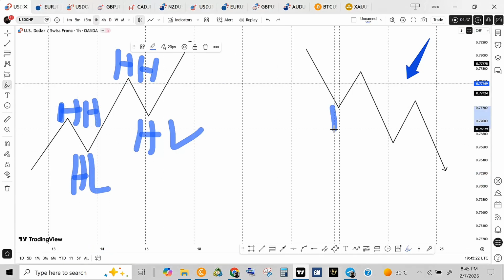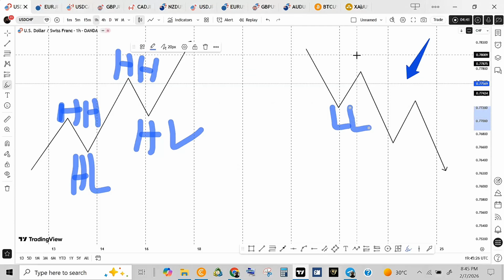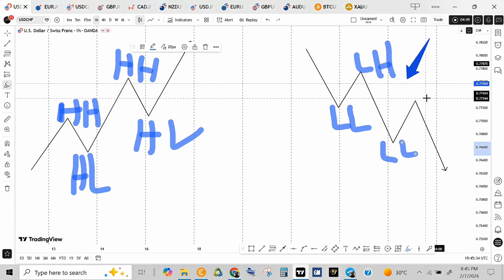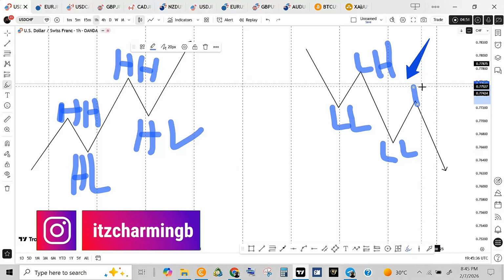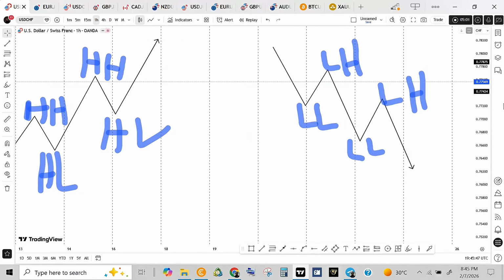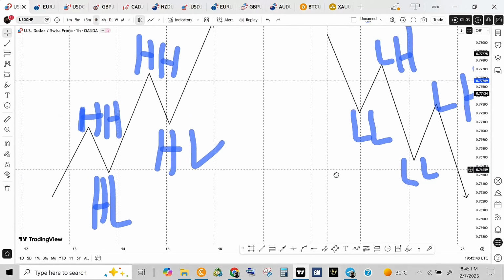Now we have lower low, LL, and we have lower high. This is LH, LL, lower low, and we have what? Lower high. So look at this properly.